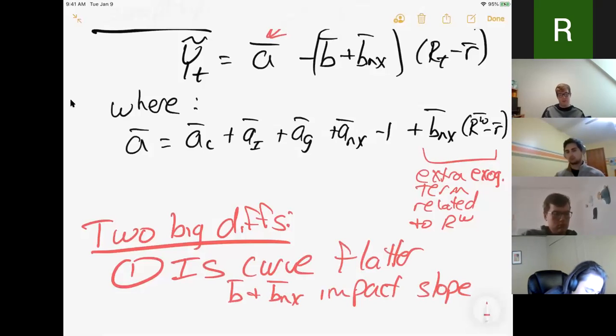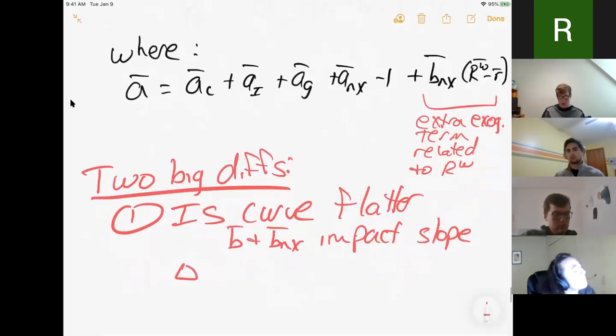Very, very similar to the impact on, once again, that question on your last exam. Because what happens now when interest rates change? Interest rates don't just change investment, they also change the exchange rate, and the exchange rate changes net exports. So now changes in interest rates have a bigger impact.